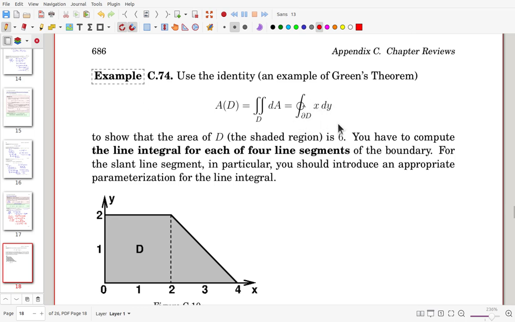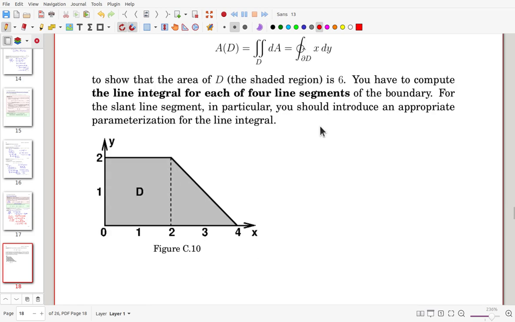We have to get the x dy integration for each line segment, so for this example you have to parameterize and get this quantity, and later on you can sum. Let's begin from this one. We want to get the area of this region.